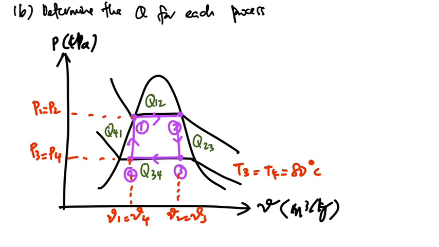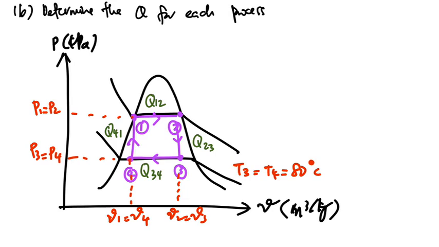Okay, then for question 1B, the question asks to determine the heat transfer for each process. From the PV diagram, each process means the Q for process 1 to 2, Q12, Q23, Q34, and Q41.